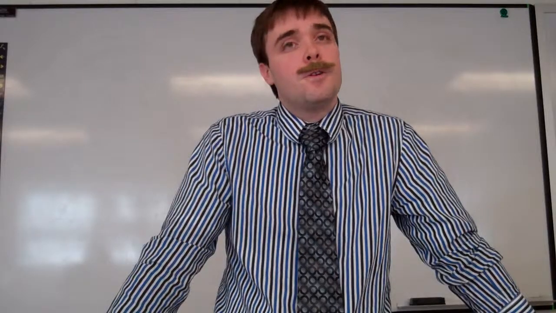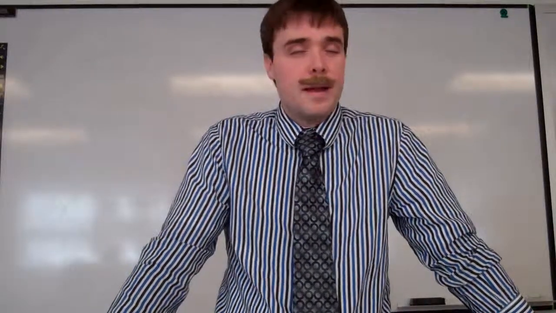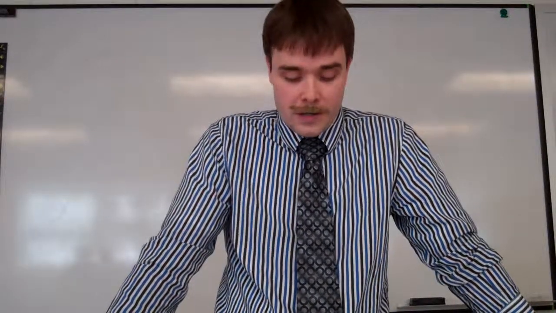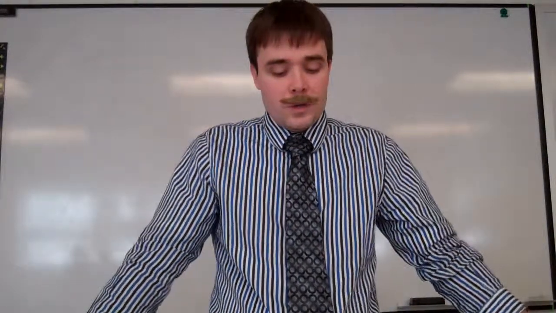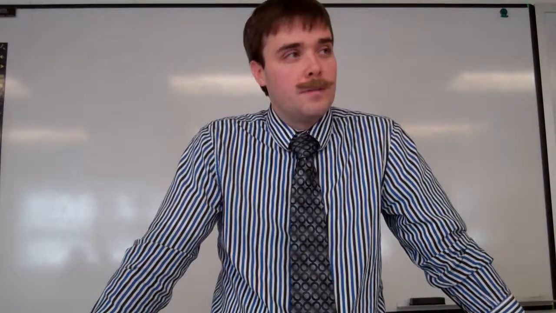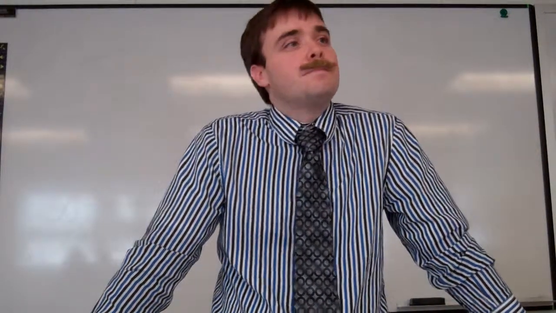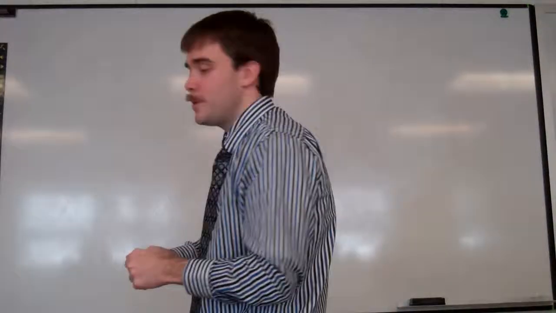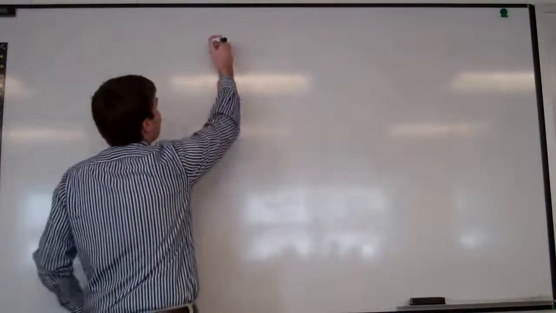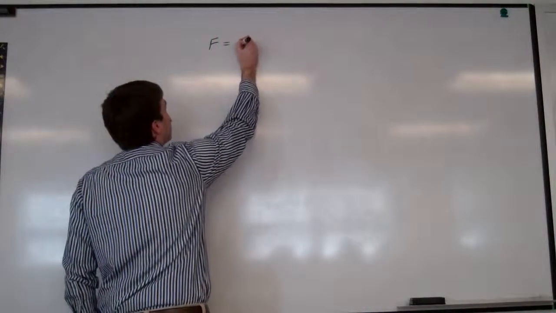If it just asks for magnitude, you do not need to include a direction. In this case, it tells you what the magnetic field is pointing anyway. So which equation are we going to use? F equals qvB or F equals BIL? F equals qvB.